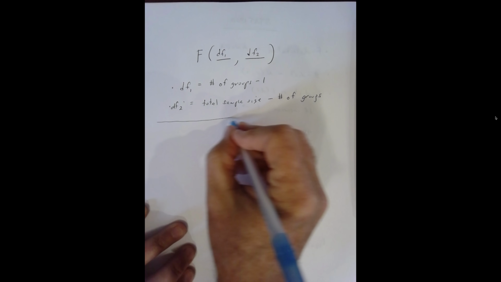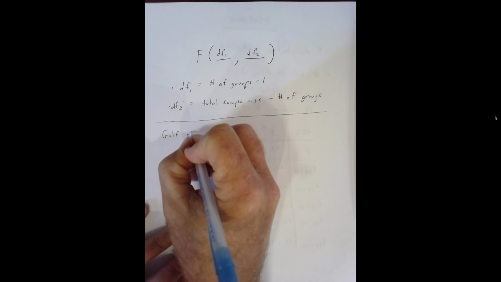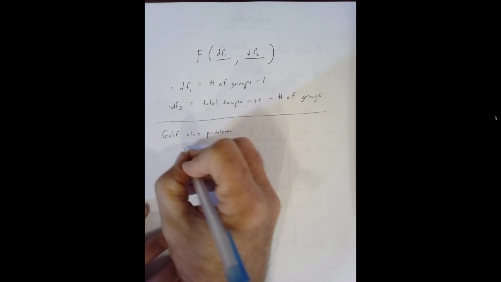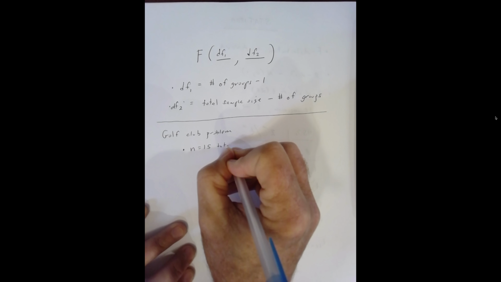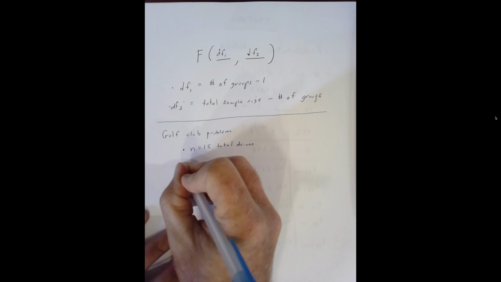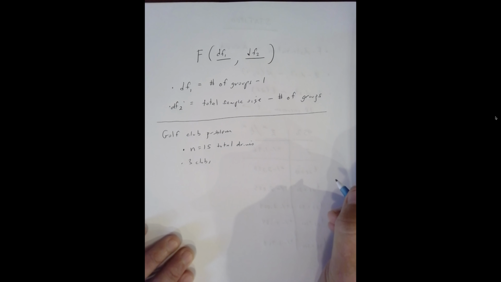So for the golf club problem, we had 15 total drives. There were 5 with each club, okay?